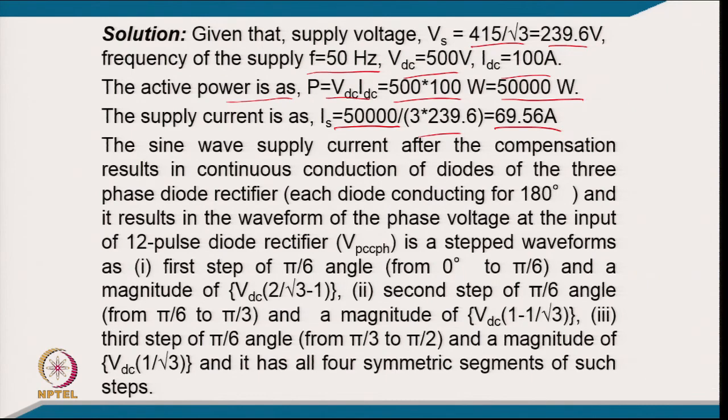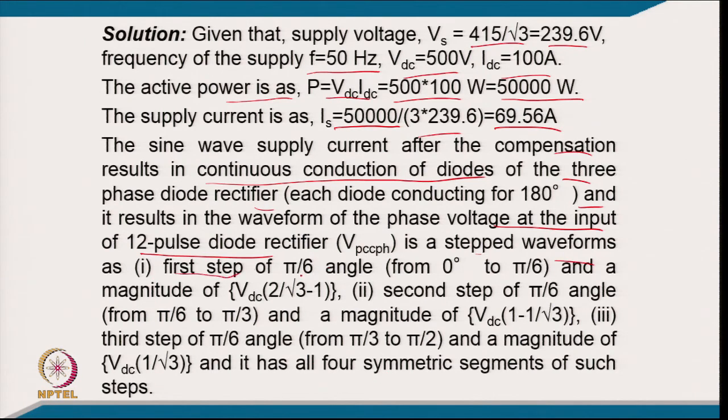Now, coming to calculate the input RMS voltage of the diode rectifier. The sine wave supply current after compensation results in continuous conduction of the diodes of the 3 phase diode rectifier, each diode conducting for 180 degree. It results in the phase voltage at the input of the 12 pulse diode rectifier being a stepped waveform.